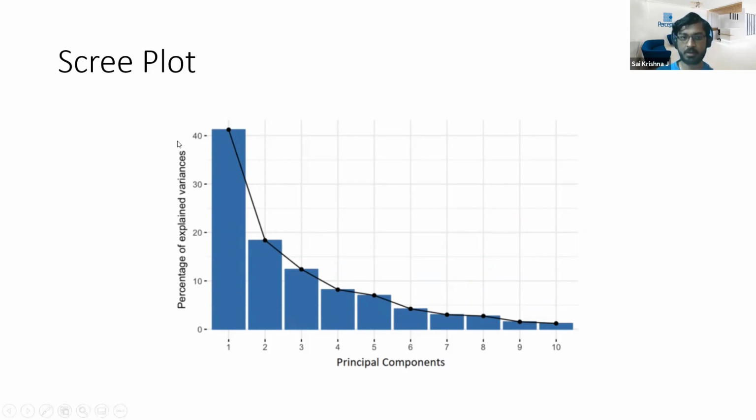Now this value is 40%. What this means is average monthly income and inflation account for 40% of the variation in the profit. Profit is our target variable, right? Yes, so the variance in the target variable.